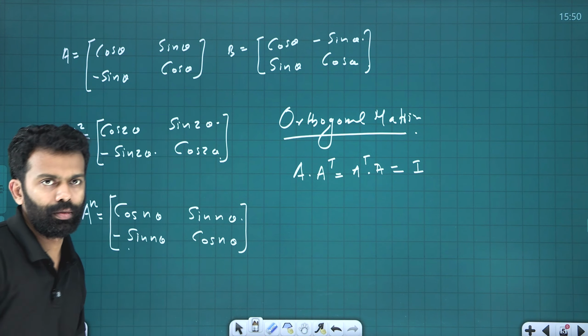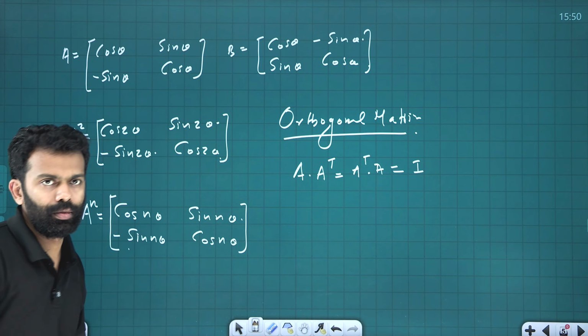That is, P is equal to cos pi by 6, sine pi by 6, minus sine pi by 6, cos pi by 6. As we know that it's an orthogonal matrix, right? So they have given P and you need to find Q raised to 2007 to obtain this matrix, right?